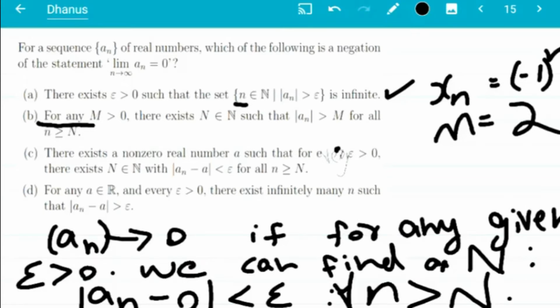This gives that an converges to a, where a is not 0. This is also true because an does not converge to 0 here also. The limit of an is not equal to 0.